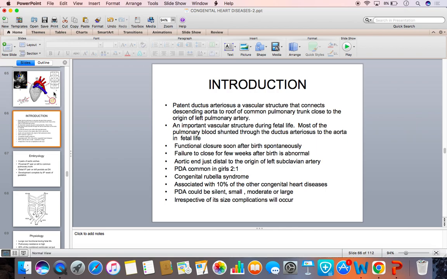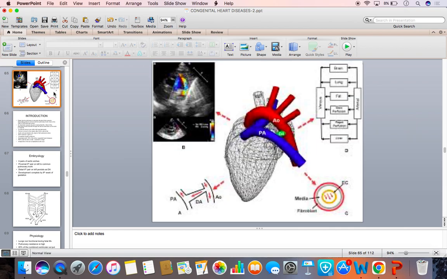Well, functional closure occurs spontaneously soon after birth. Anatomical closure occurs in a span of 2 to 3 months. Failure to close results in abnormal hemodynamics and the consequences of large PDA in later part of the life, which we are going to touch in this class.